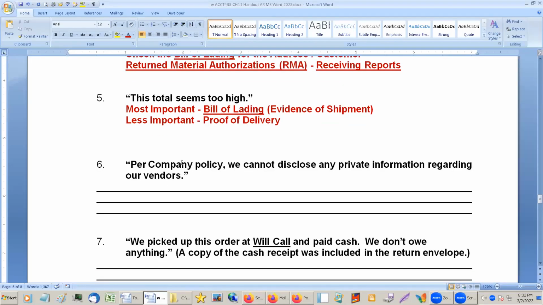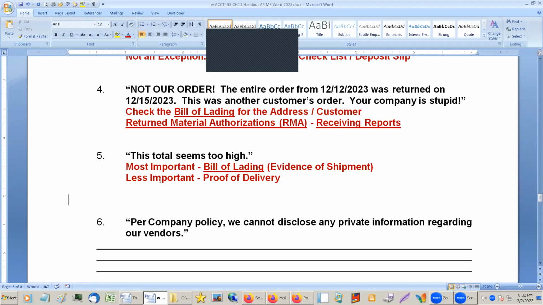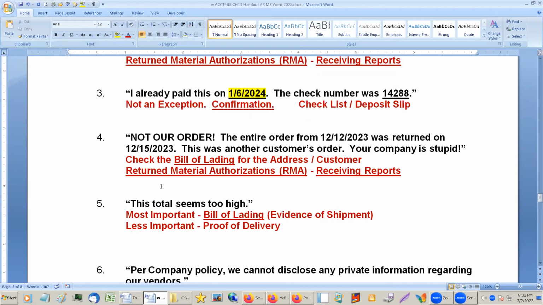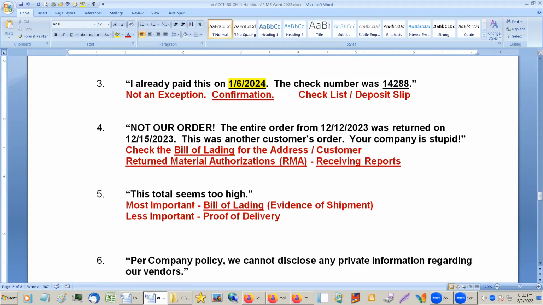You can also check the invoice to make sure there's the correct unit price and extension for what was put on the bill of lading and packing slips. That's true too.